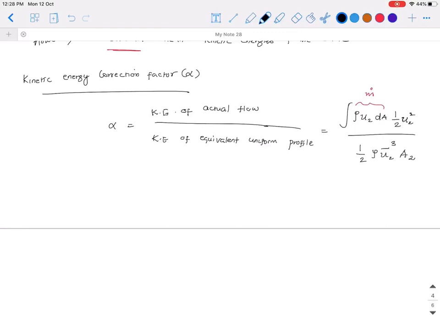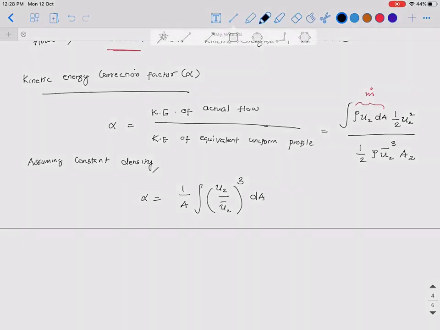So assuming constant density, alpha can be written as 1 over A times the integral of u2 by u2 bar, whole cube, dA. From here to here, this is very straightforward.